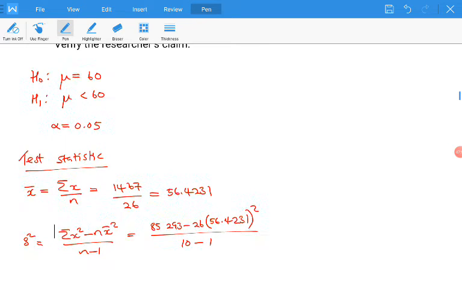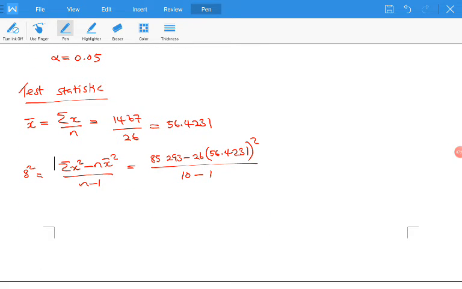So the variance that we'll get for this data is equal to 100.814. So our standard deviation is equal to the square root of 100.814, which gives us 10.0406.